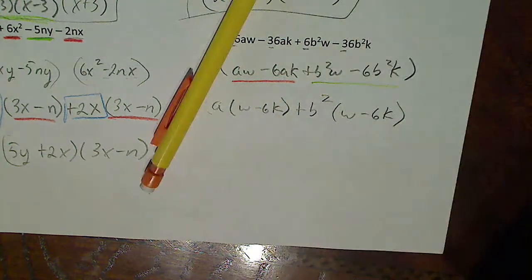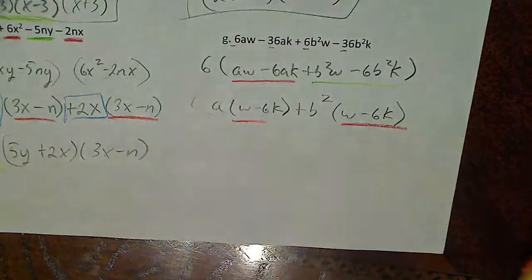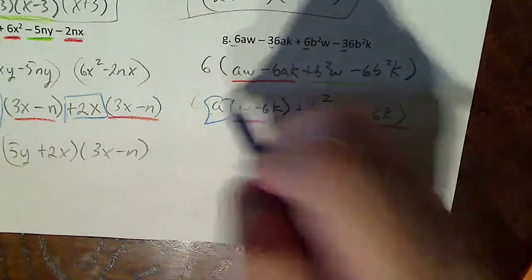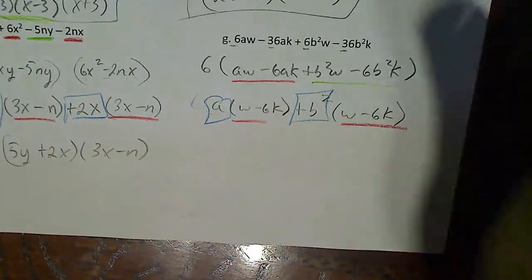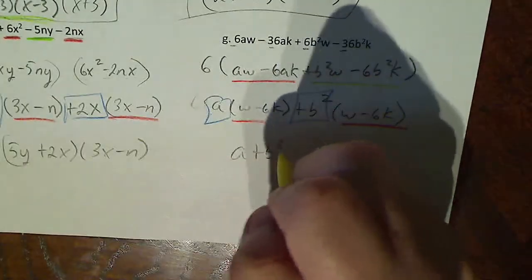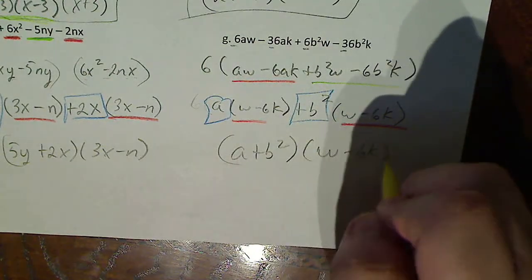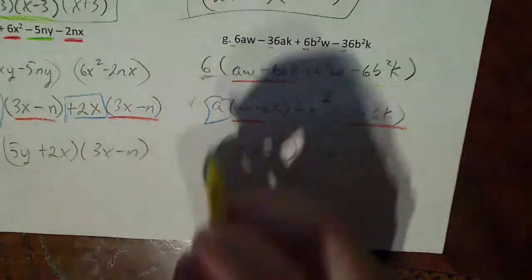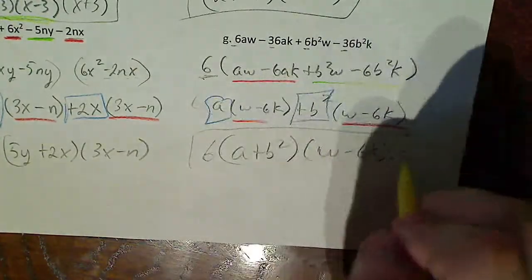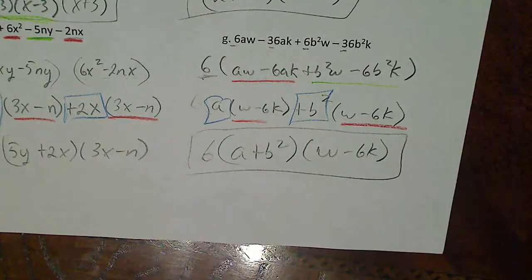And again, these 2 should match up if you do it right. So then my 2 GCF terms: that would become A plus B squared as one factor, W minus 6K as my other factor. And again, remember that 6 in the very beginning? That would just go out in front like that.